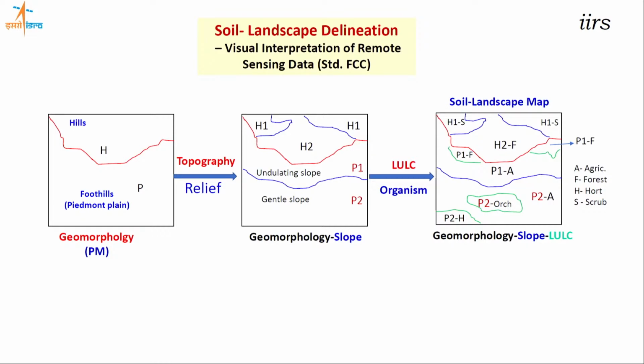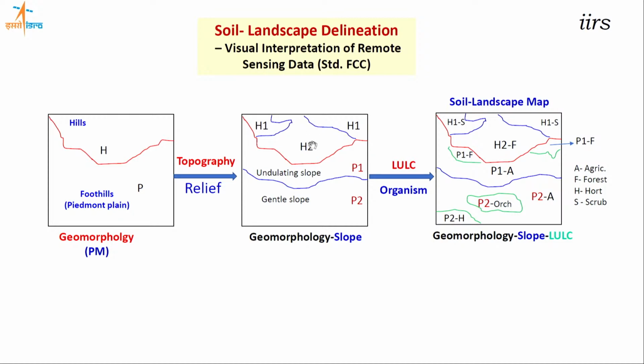In one slide I can show you that first you divide the area on the geomorphology, then you divide this based on the topography, and here you see I have divided H into H1, H2, H2 types of topography.